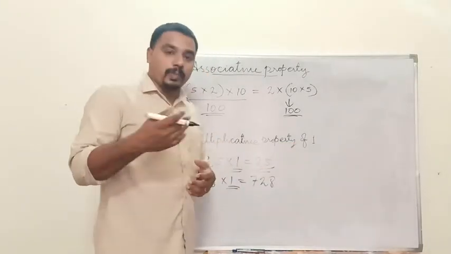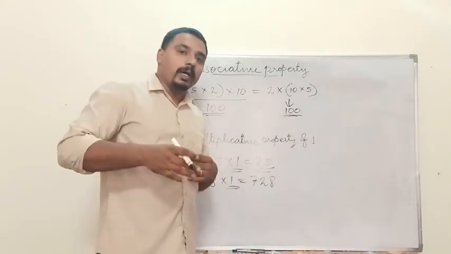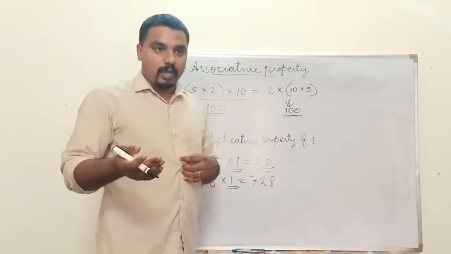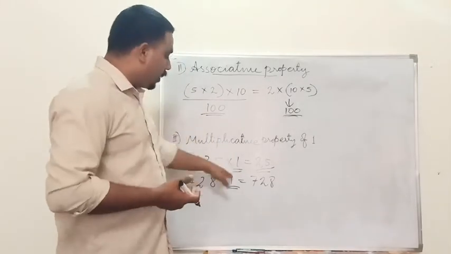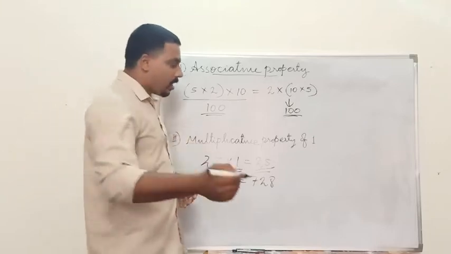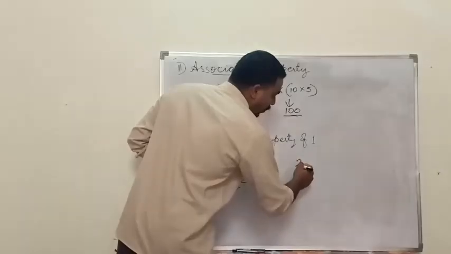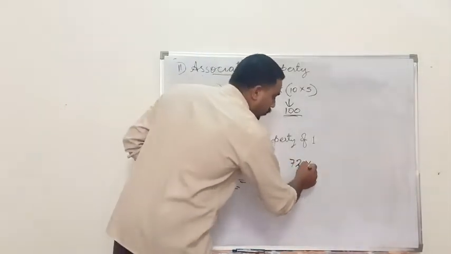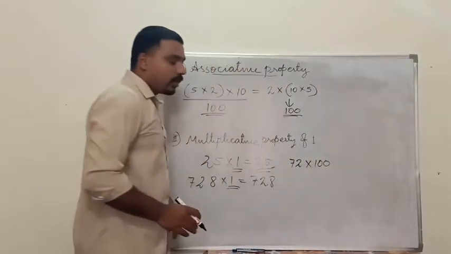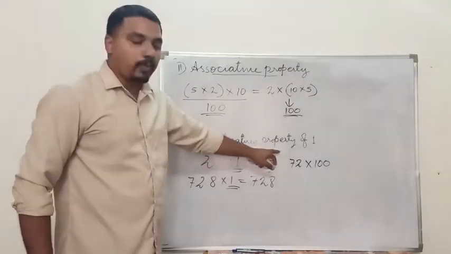We use this especially when we multiply by the larger numbers, like 1,000, 10,000, 1 lakh. Example, we need to multiply 72 into 100. 72 into 100. Here we will use this multiplicative property of 1.